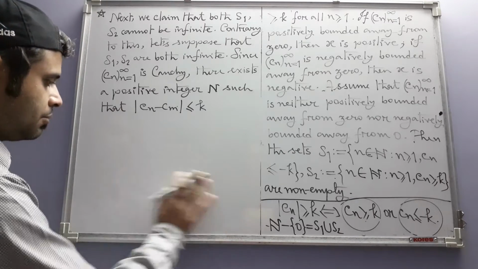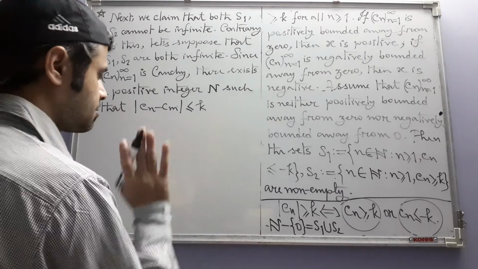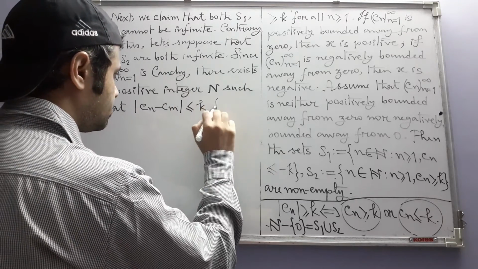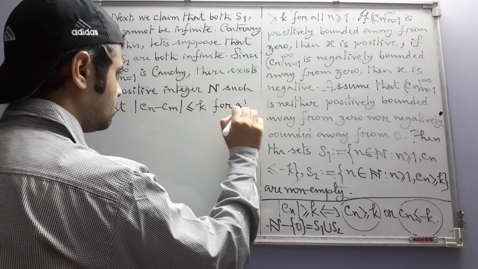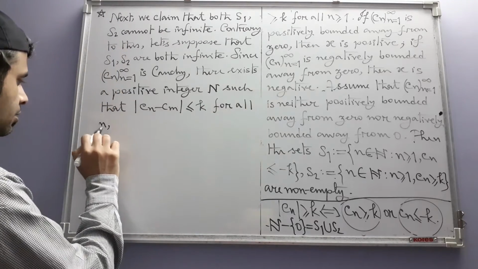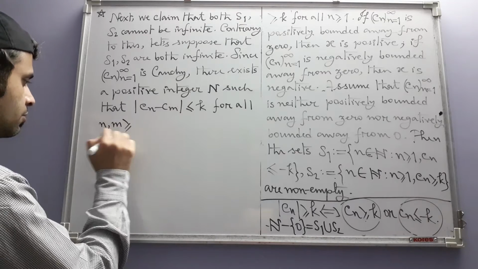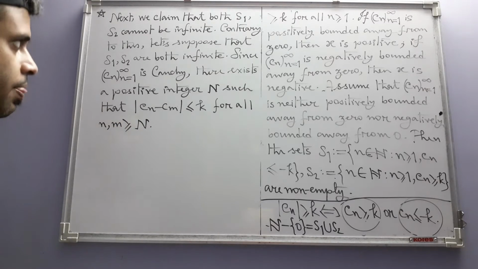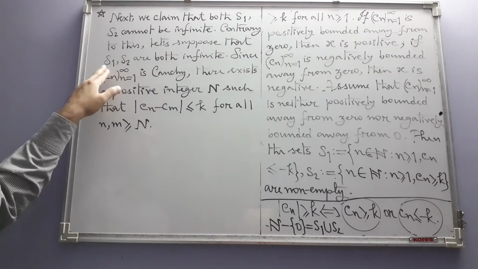It was here. K is a positive rational number, for all n and m greater than or equal to N.